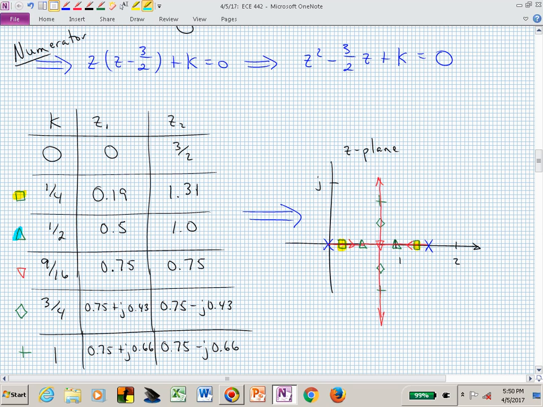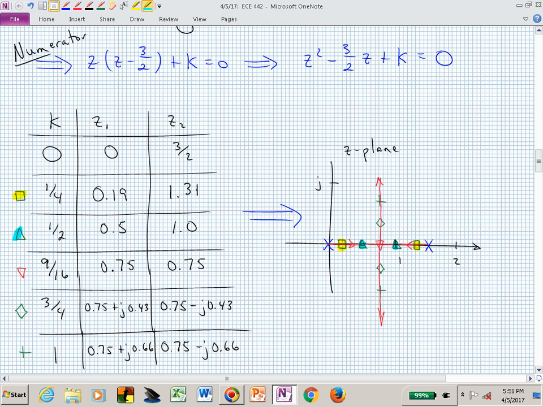If I just follow those in, I'm now at 1 and 1/2, and that's where I'm located in my root locus. I already knew that that segment of my real line was a part of the root locus diagram by doing the phase angle condition, I hope. I hope that I already knew where my root locus was living.